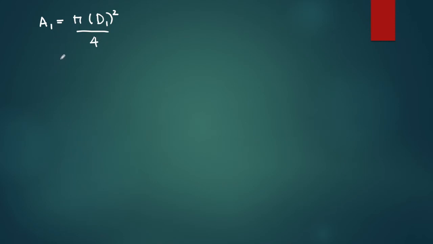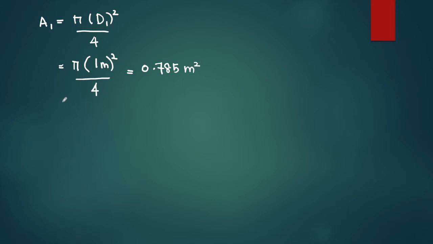We do not use pi dl because pi dl is a surface area. Now we find the cross-sectional area at point 1. Pi, so diameter 1 is 1 meter, squared, over 4. From here we get the value of area 1 as 0.785 meter squared.